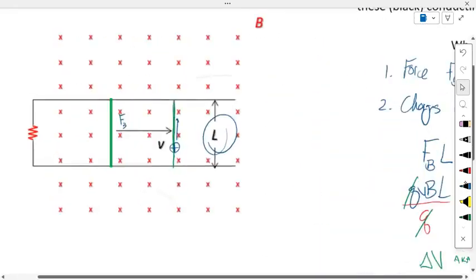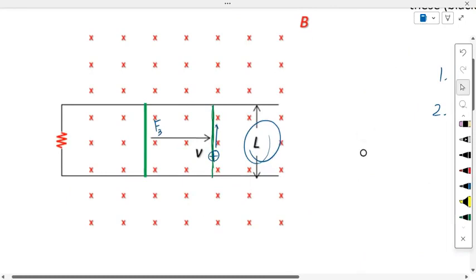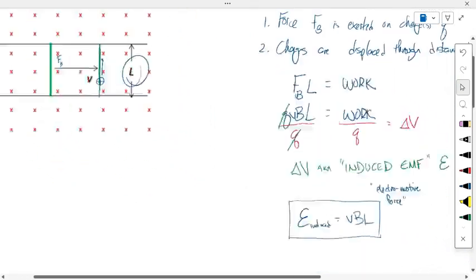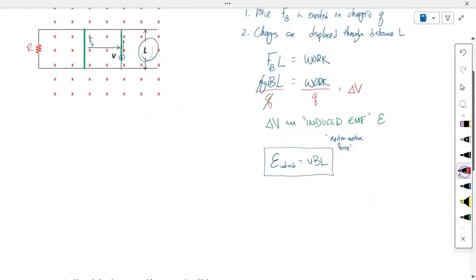What really happens is there actually is a force exerted on these charges that pushes them like this, and we get an induced current in this circuit. If we say this resistor has a resistance R, well, that means there's a current induced that will follow Ohm's law. So E over R, and we could call it vBL over R.